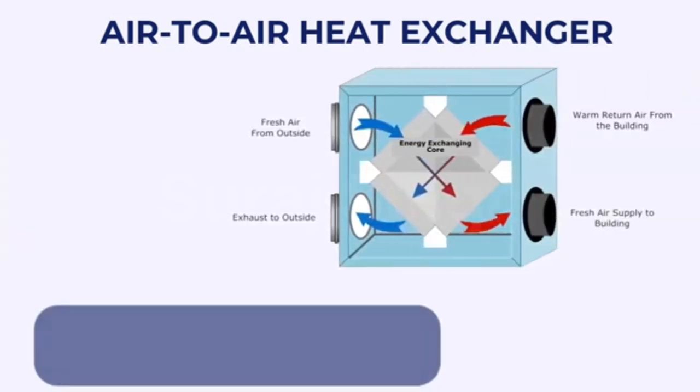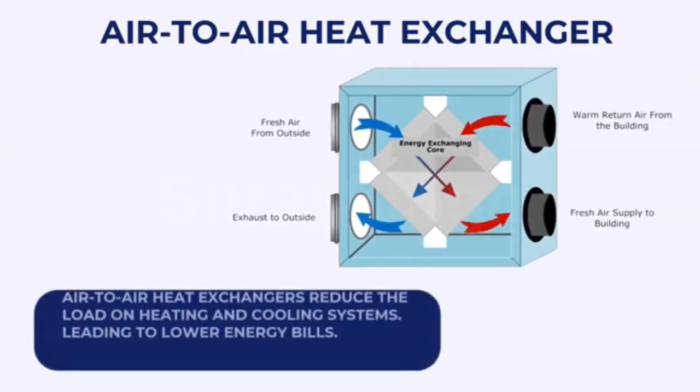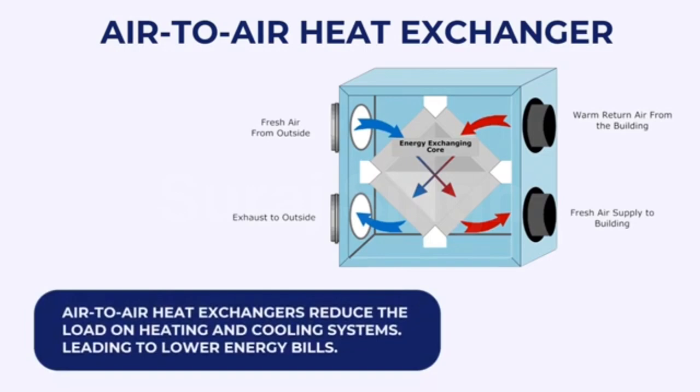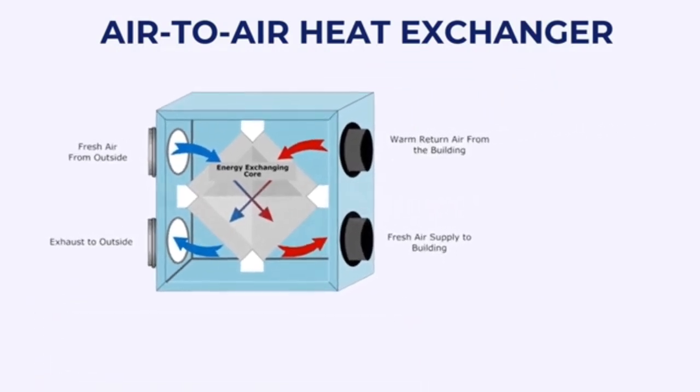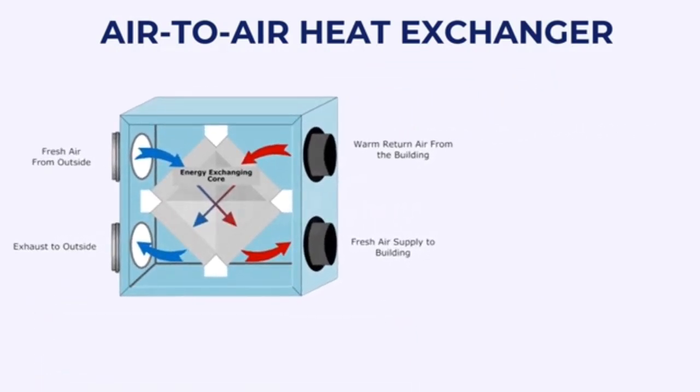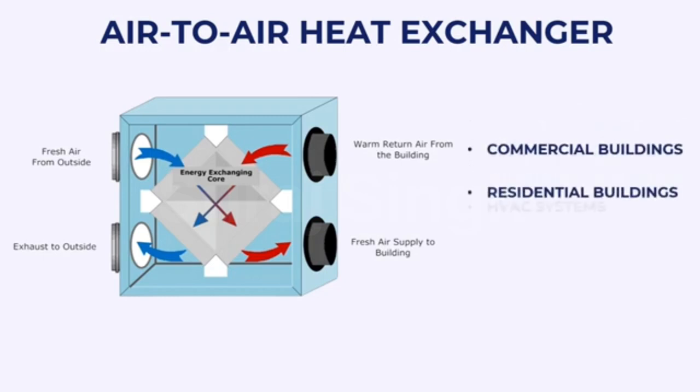By recovering heat energy from the exhaust air, air-to-air heat exchangers reduce the load on heating and cooling systems, leading to lower energy bills. Air-to-air heat exchangers are mostly used in commercial buildings, residential buildings, and HVAC systems.